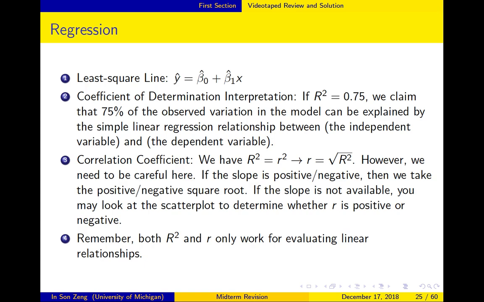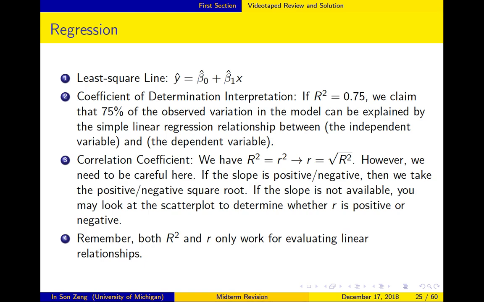To interpret it, if R squared equals 0.75, we claim, to be safe we add approximately here, that approximately 75% of the observed variation in the model can be explained by the simple linear regression relationship between the independent variable and the dependent variable. The independent variable is x, and obviously the dependent variable is y.